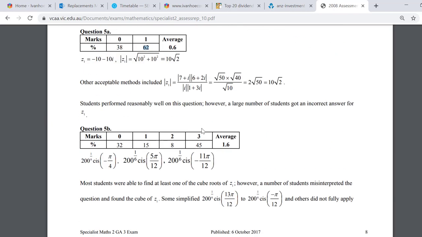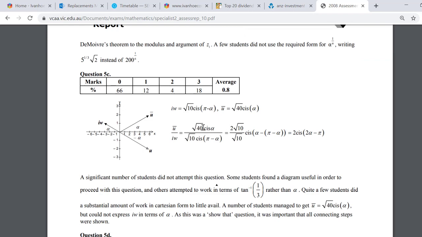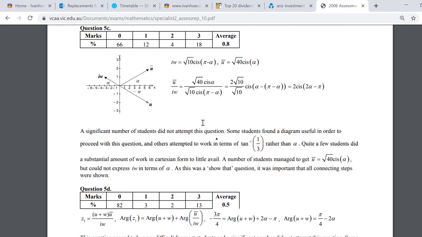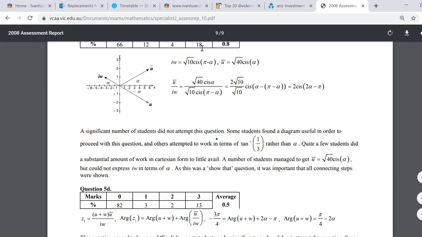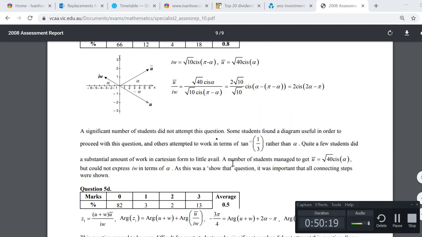So we're looking at 4 marks, but then there was the last 6 marks of that exam. 6 marks out of 80, and that was the difference between getting maybe an A and an A plus, or a B plus and an A. But as you can see, not many students did that one. And in actual fact, that is probably the hardest complex numbers question that I've seen on the exams.